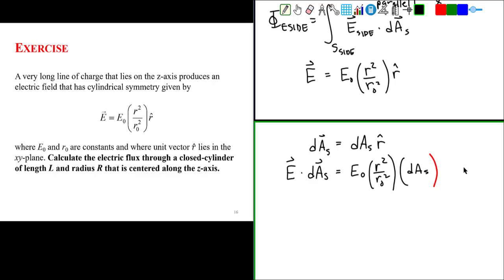So with this said, now we have the electric flux through the side is equal to the surface integral through that side of E naught r squared over r naught squared times the area vector.